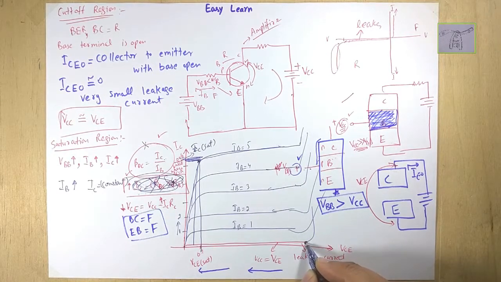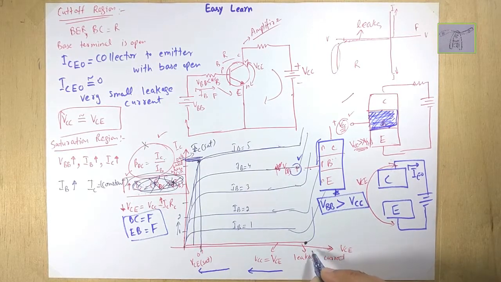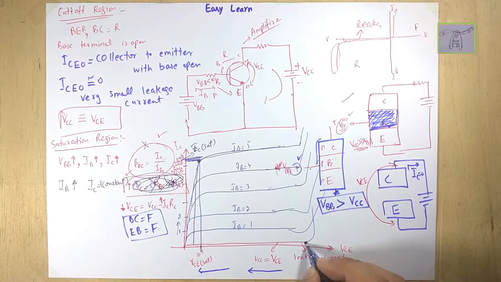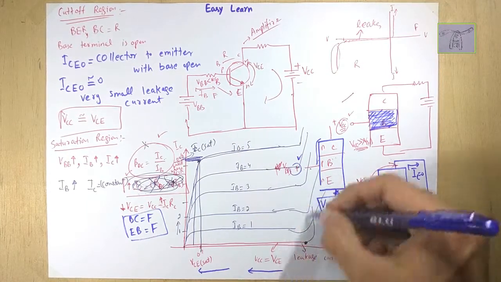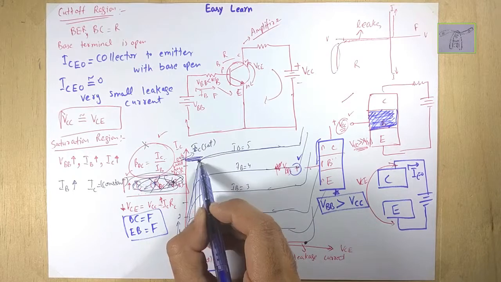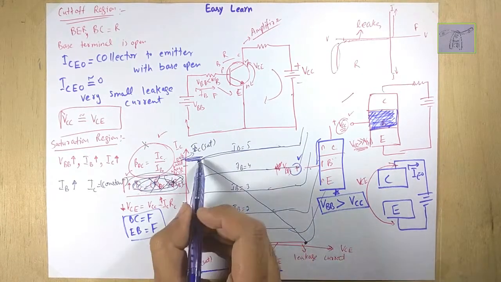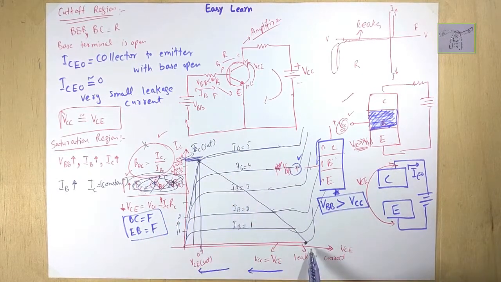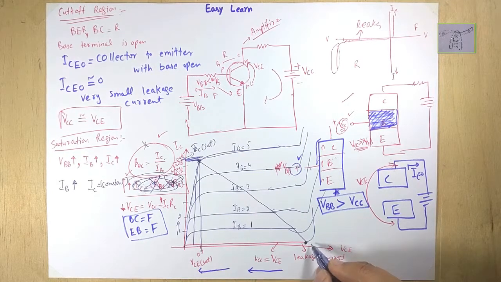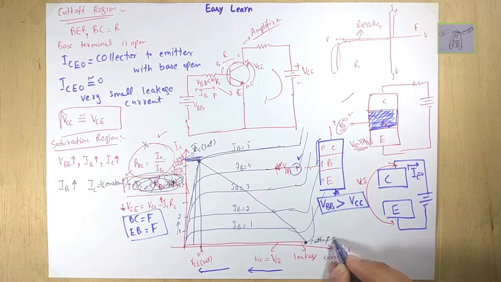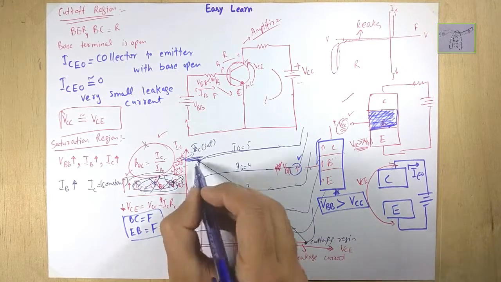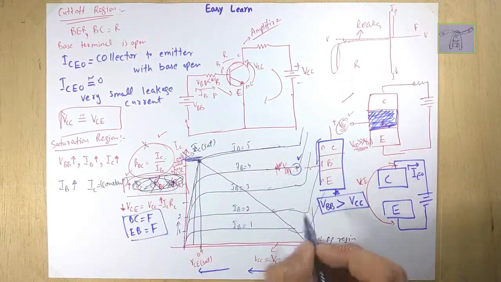And this is the last point, after which it goes into the breakdown region. If we connect these two points, the IC saturation point and the last point of the cutoff region, this is called the DC load line.